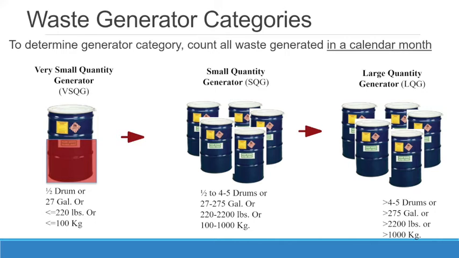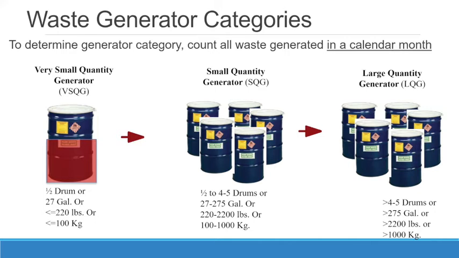And as I said, as you generate more hazardous waste, the regulatory requirements that you have to follow become more. Once you're a large quantity generator, you have the most requirements to follow, and likewise, if you're a very small quantity generator, you have the least. One thing that Marcia and I always recommend to our members is to focus on your hazardous waste generation.